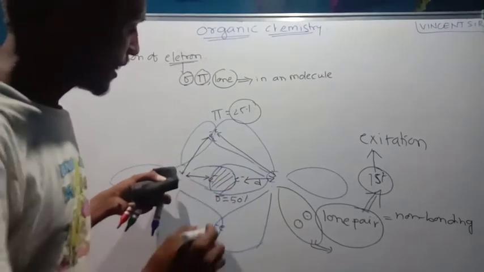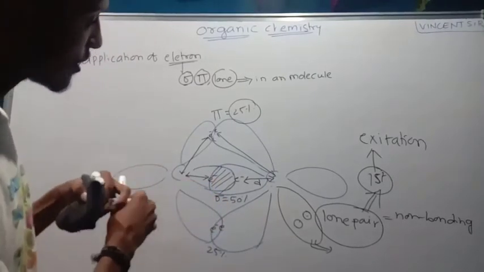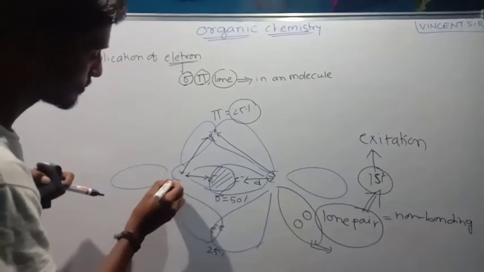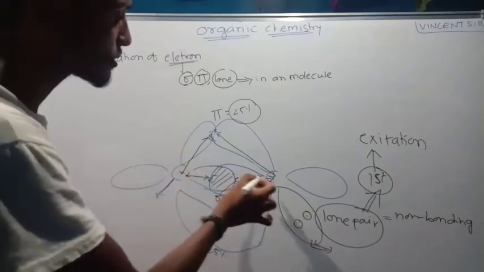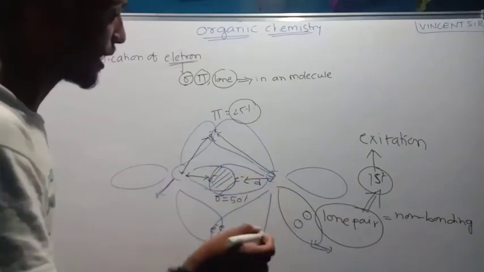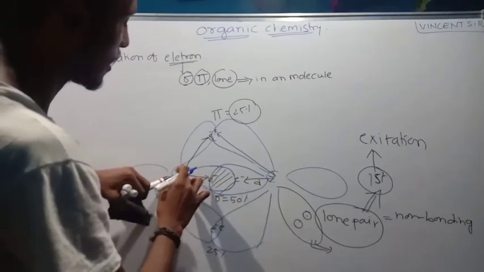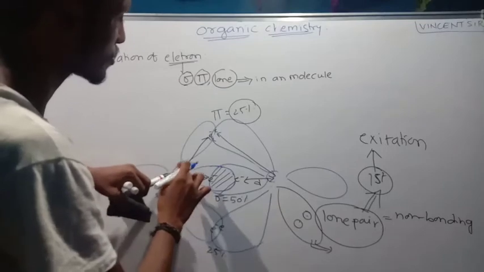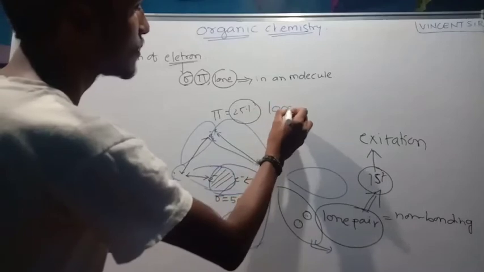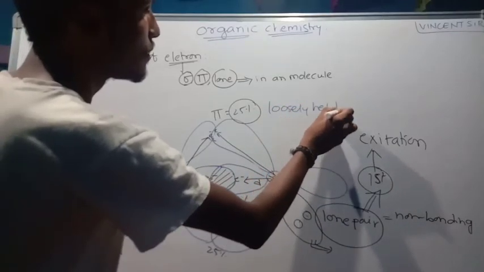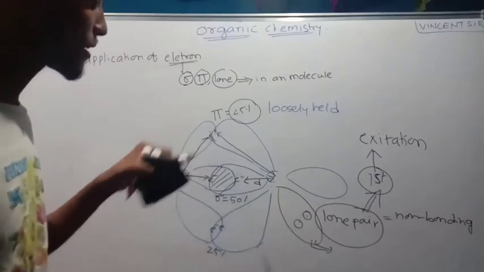That's why the protons of this atom tightly hold the electrons of this atom, and likewise, the distance is increased from these protons to the electrons, that's why they are somewhat less loosely held, these pi electrons.